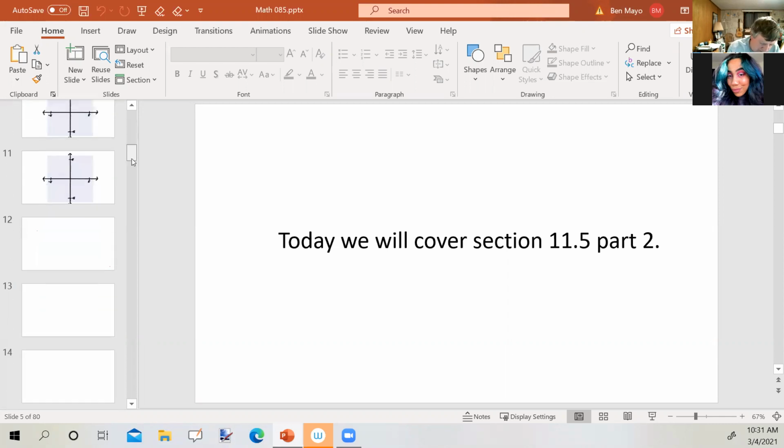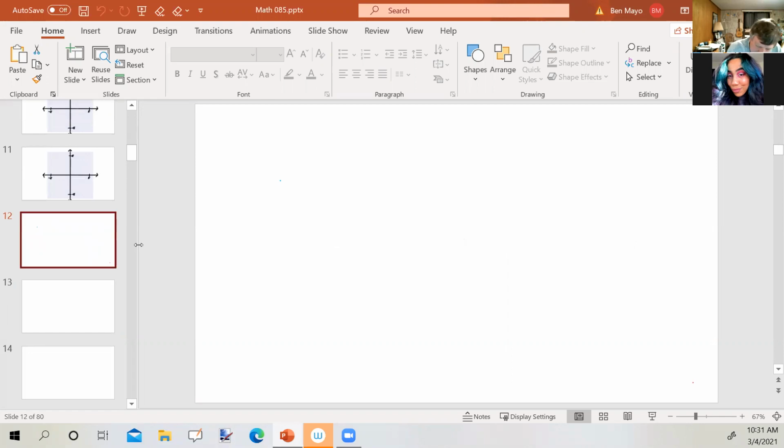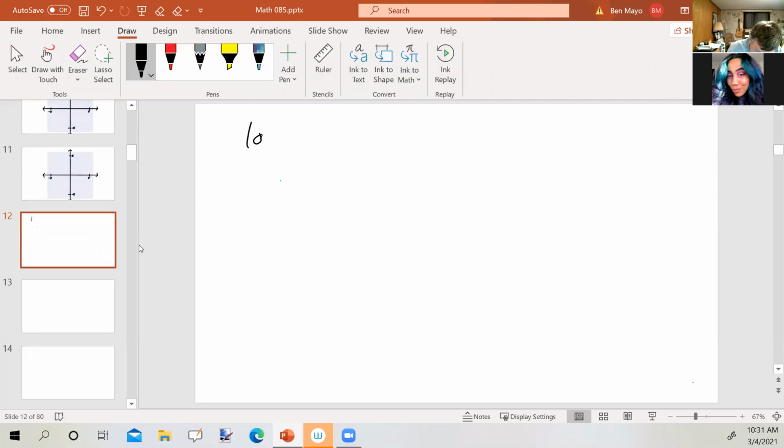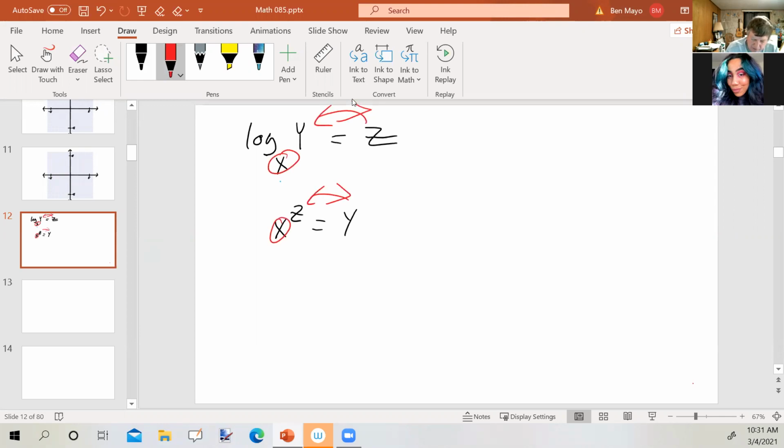Okay, you betcha. So let's say we've got log base x of y equals z. So the base is x. So writing this in exponential form, it'd be x to the z power equals y. So the base stays the same, but the players change places, so to speak.